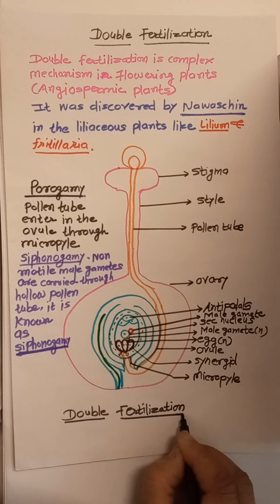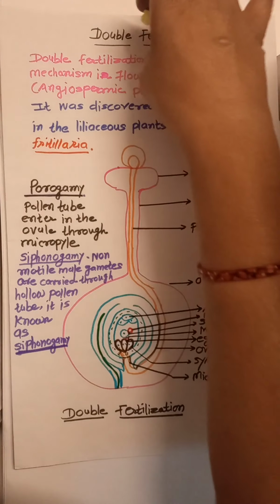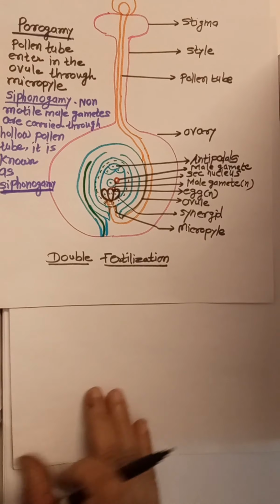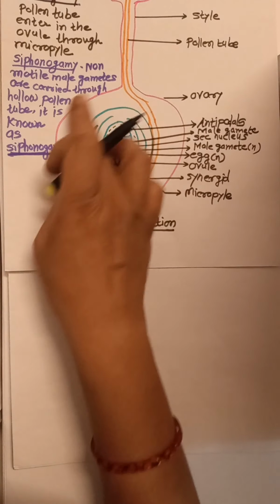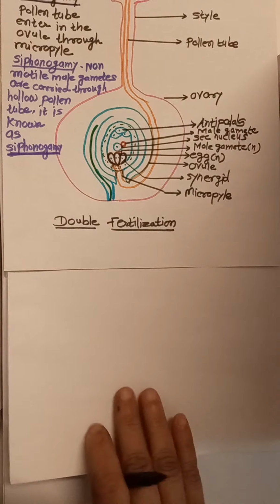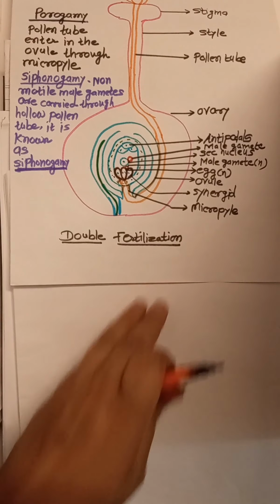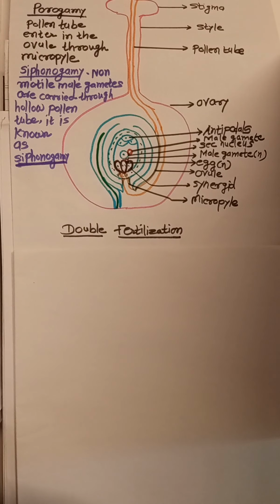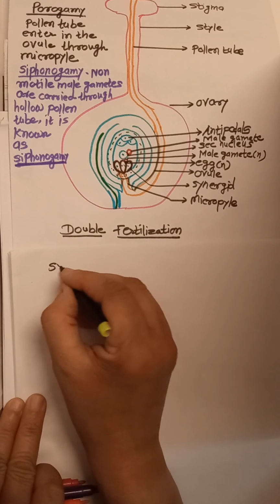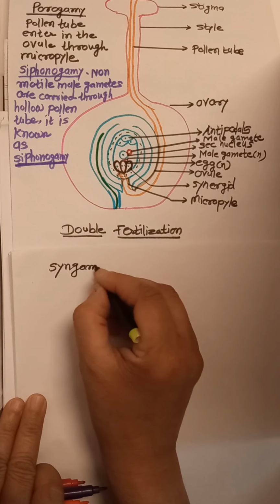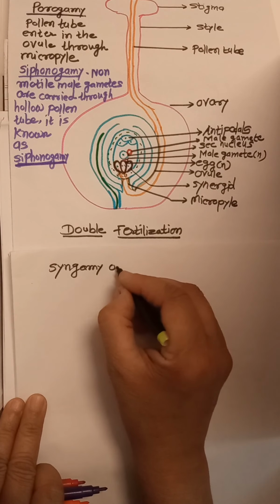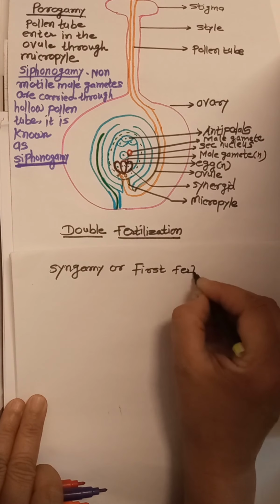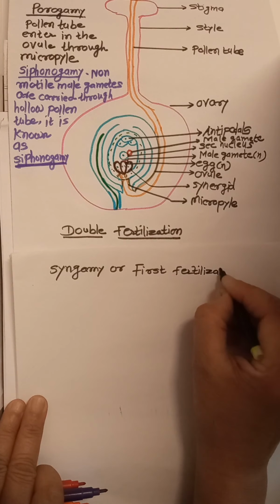So this part is important. So first event of double fertilization is syngamy or first fertilization.